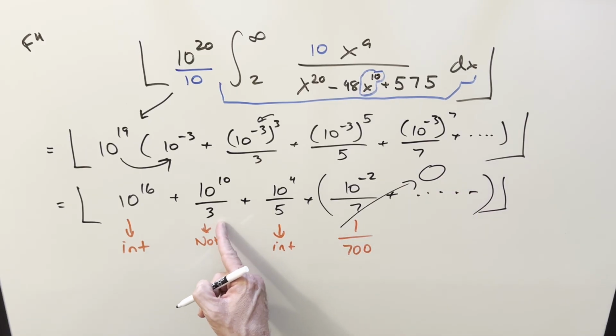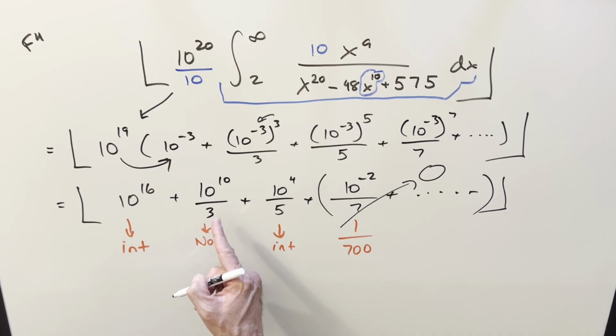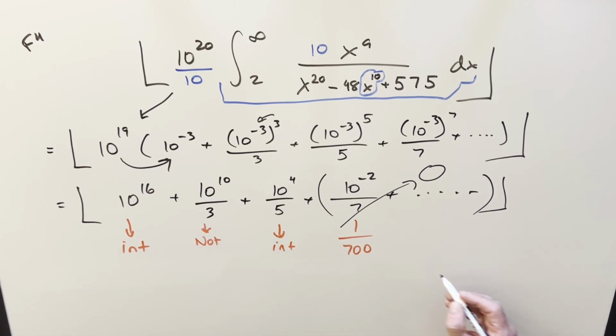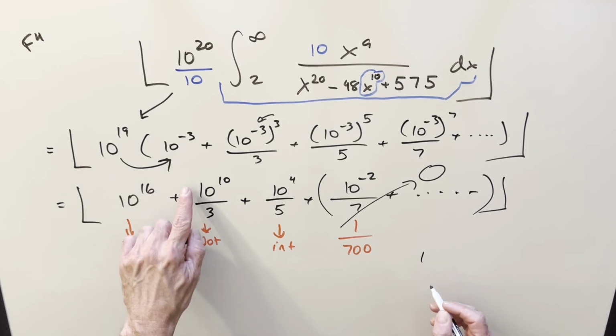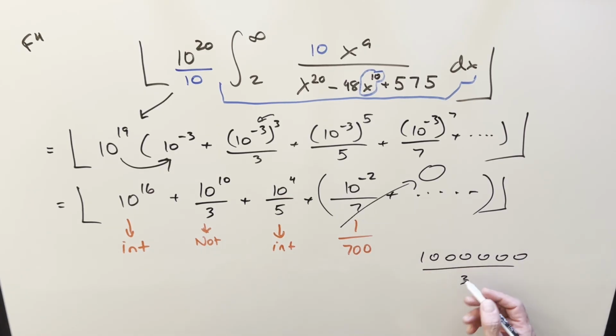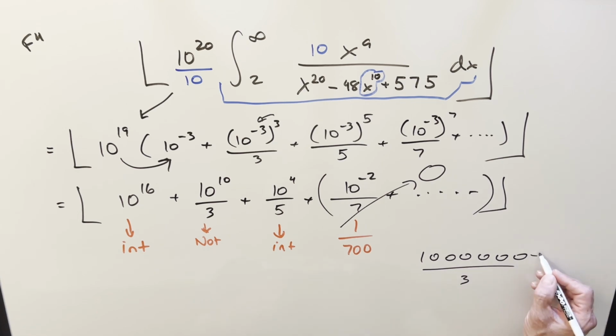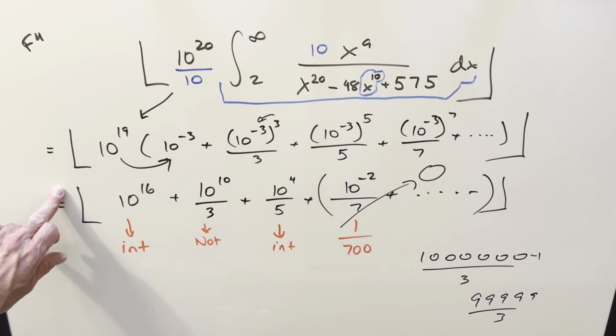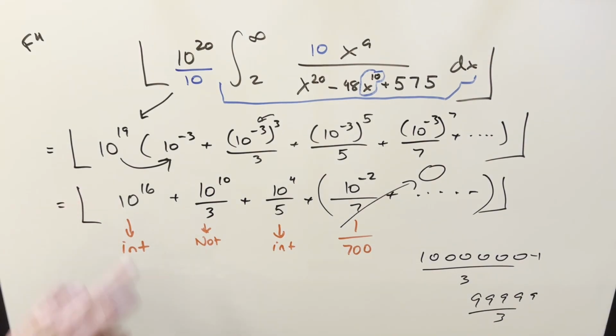Now this here is a little bit of a problem, but we know exactly how this works because, no matter any power of 10, we have some number like this, and it's divided by 3. We always know that this minus 1 is an integer. Any number made up of 9s is always going to be divisible by 3. So applying the floor function on this, we're going to get back these integer values.